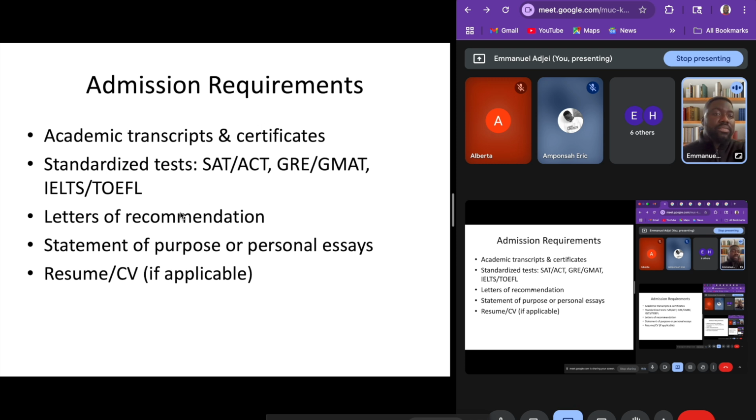Letters of recommendation, very much important. In the US or Canada, almost 99% of the universities will require you to submit 3 letters of recommendation. These recommendation letters are submitted directly by your professors or recommenders, and it is done electronically.